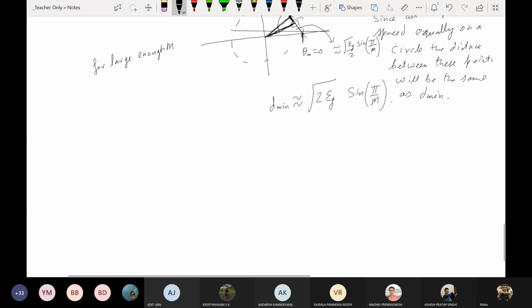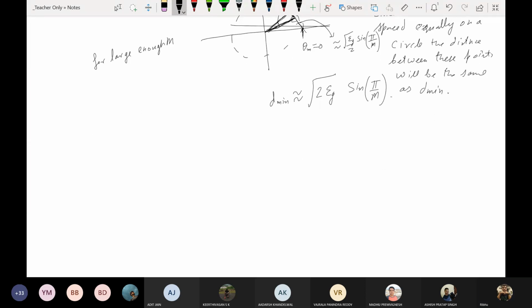Now if we look at the m equal to 2 case, it is the same as binary PAM, right?